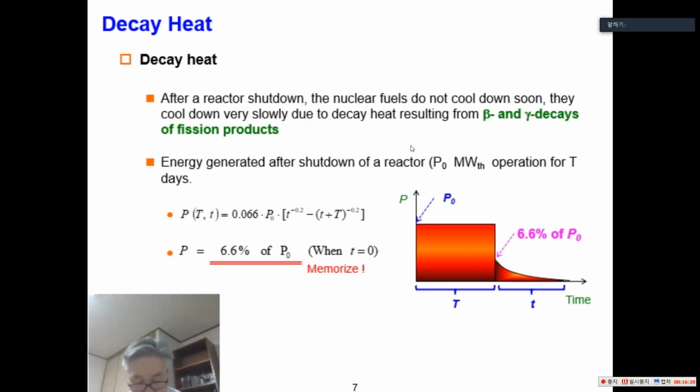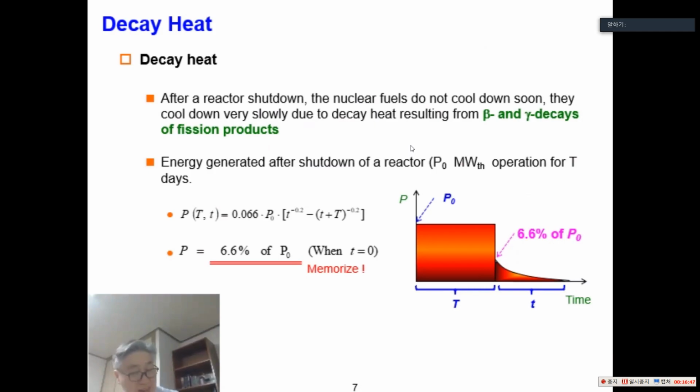3,000 times 6.6 divided by 100. So it is about 200 thermal power. Let's change it to electric power by dividing by 3, and it is about 66 megawatt.